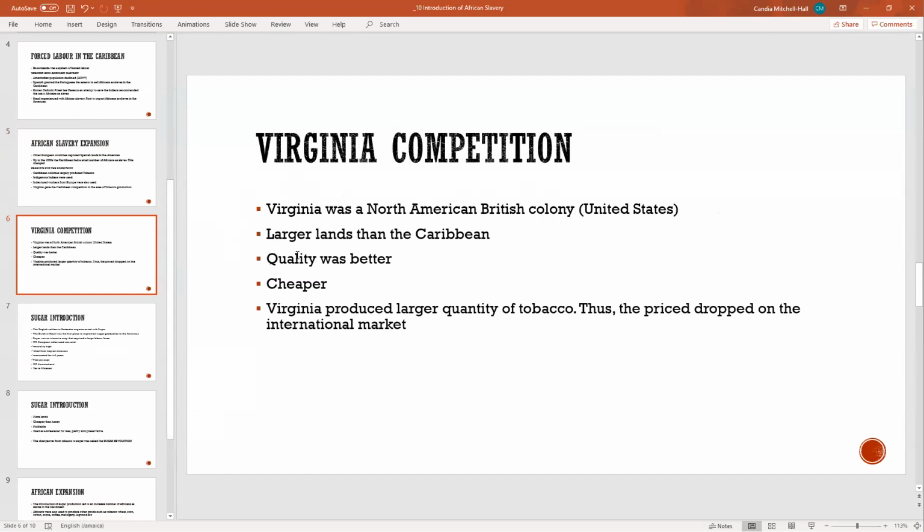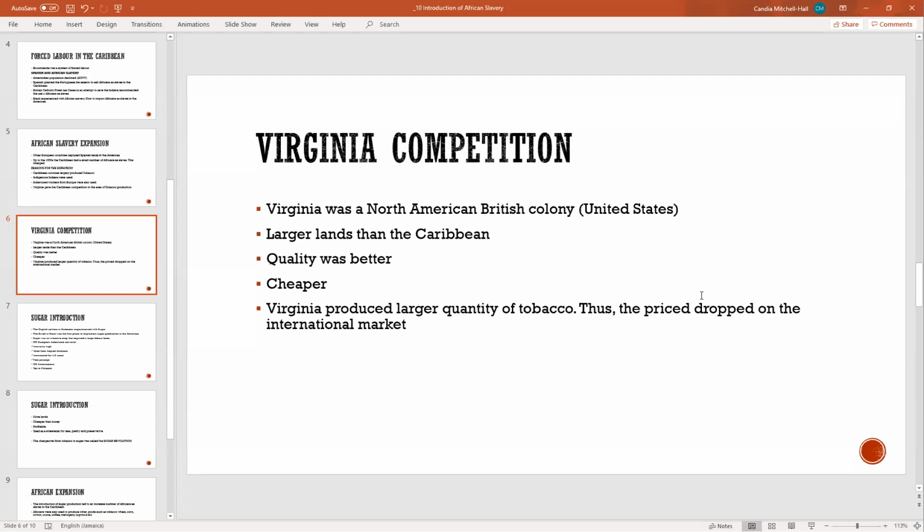The quality of their tobacco was better than the Caribbean tobacco. It was cheaper, because if you are producing much more tobacco than elsewhere, you could price it in such a way that the price of tobacco is going to drop significantly.